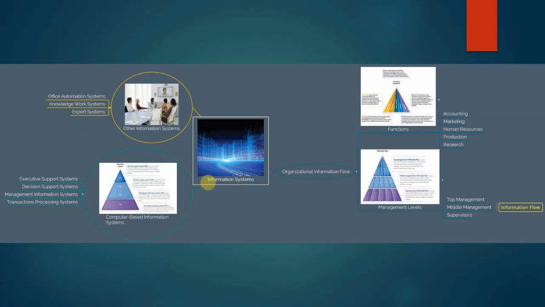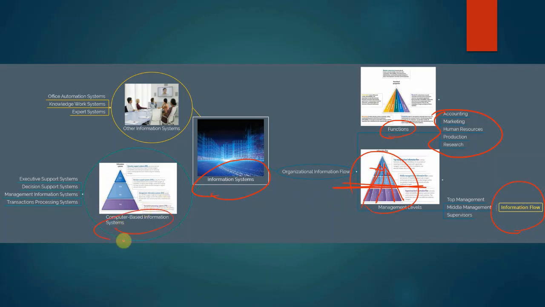So in a nutshell, today we talked about information systems. We started out to understand how information flows. In order to understand the flow of information and how it flows up, we have to go back a little bit further and understand the different organizational functions of a company and how those functions can talk horizontally with one another to push information up vertically.